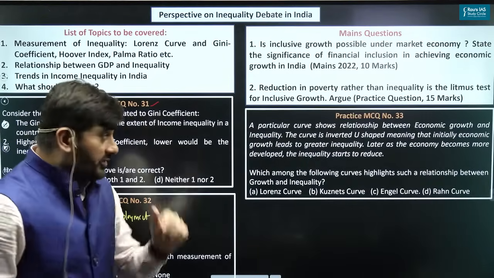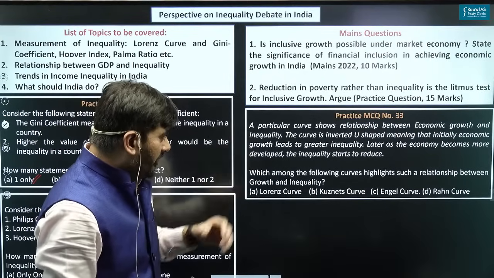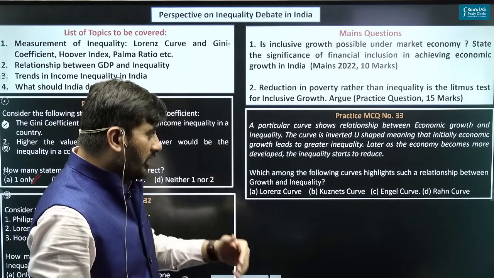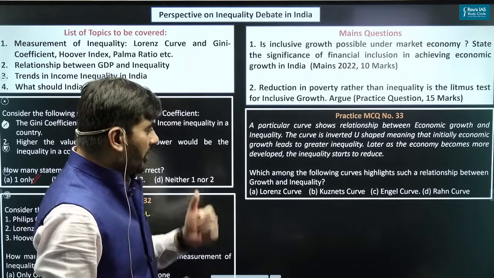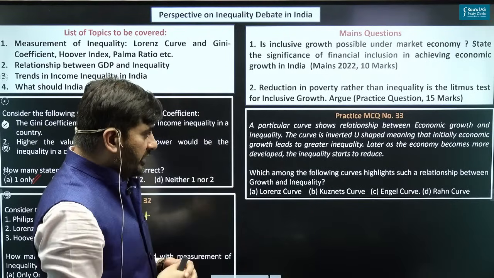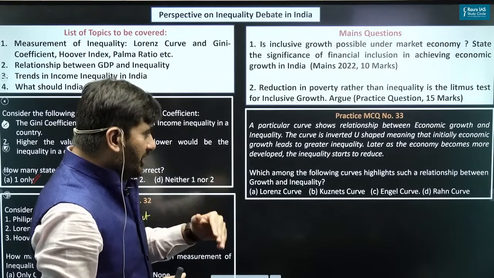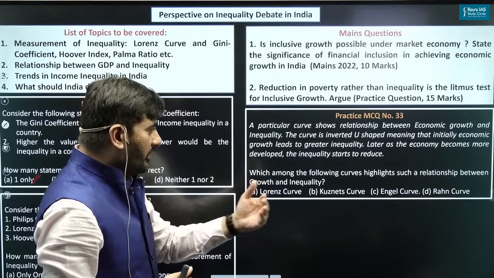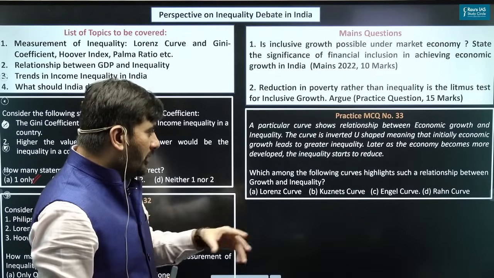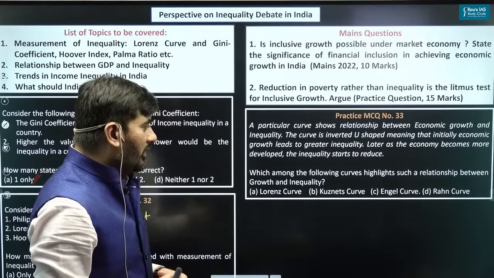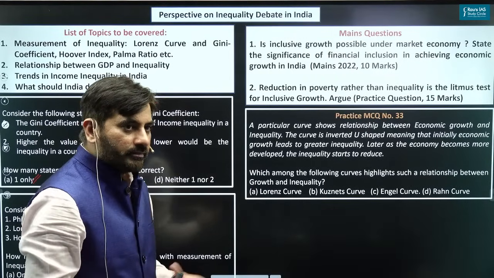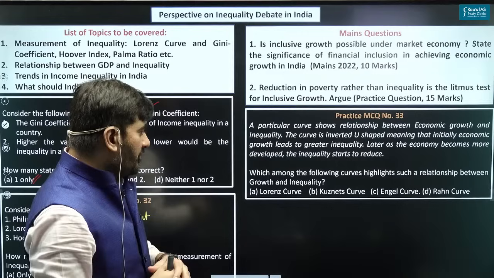Look at practice question number 33. A particular curve shows relationship between economic growth and inequality. The curve is inverted U-shaped, meaning that initially economic growth leads to greater inequality. Later, as the economy becomes more developed, inequality starts to reduce.